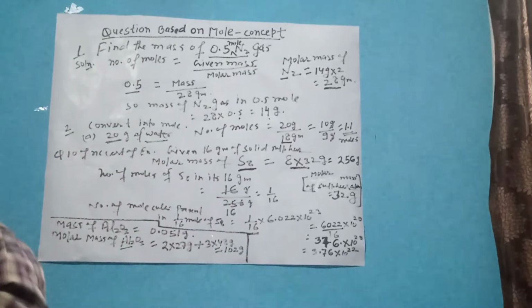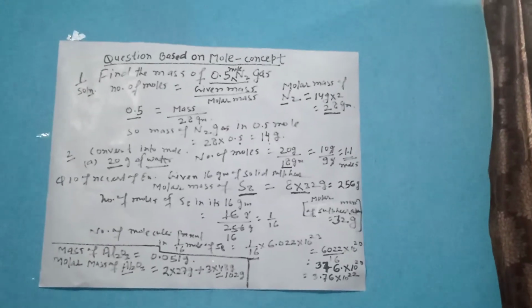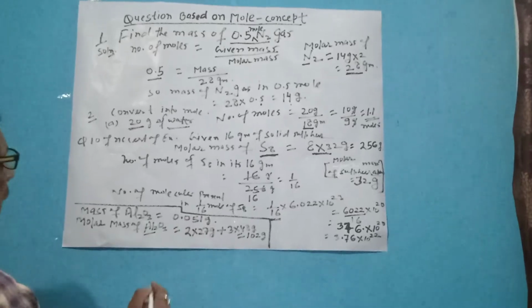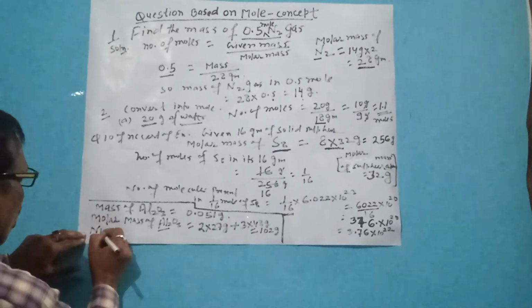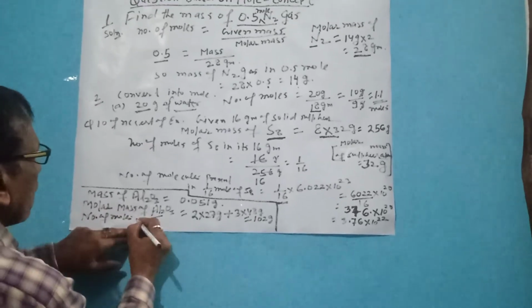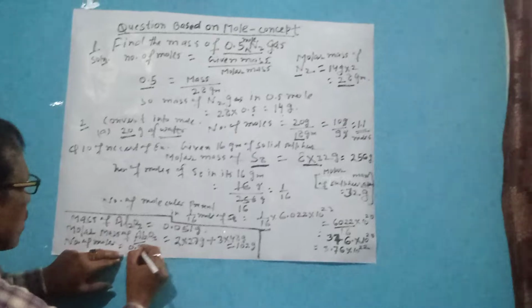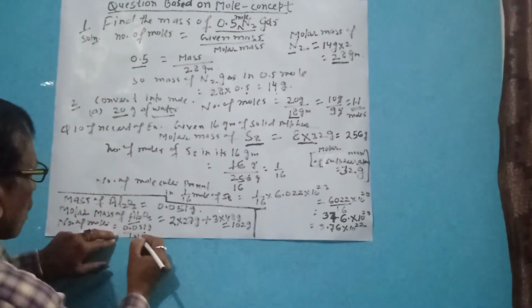Now we obtain the number of moles of aluminum oxide in 0.051 gram. Number of moles is equal to 0.051 gram by 102 gram.